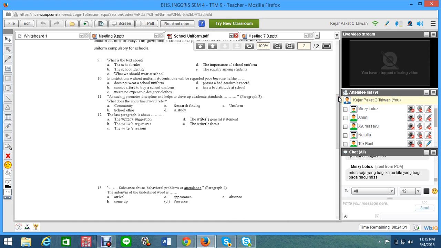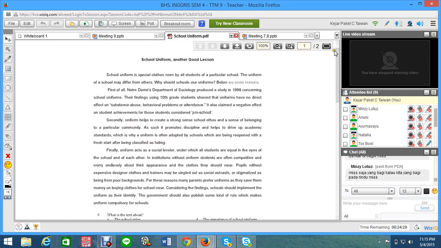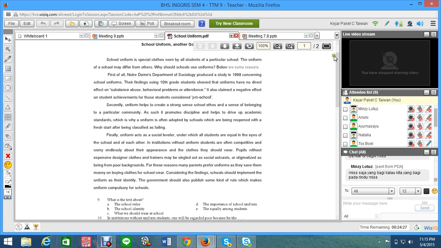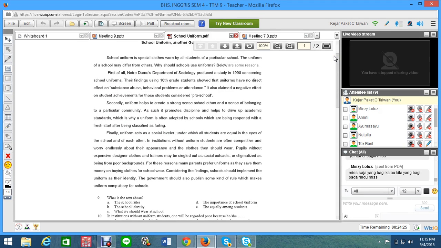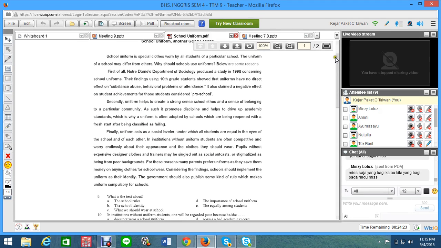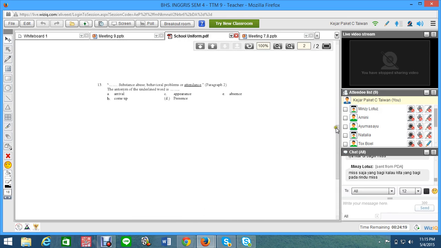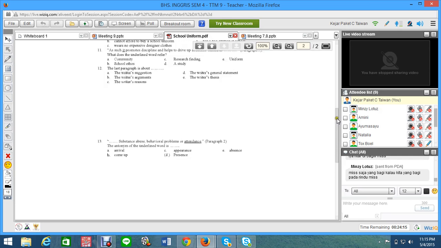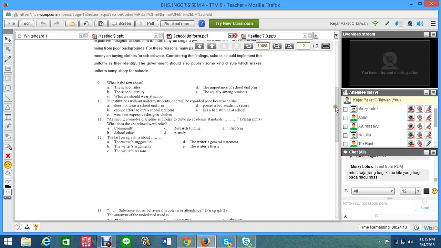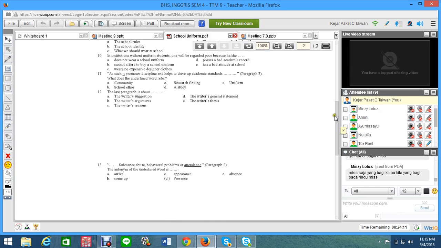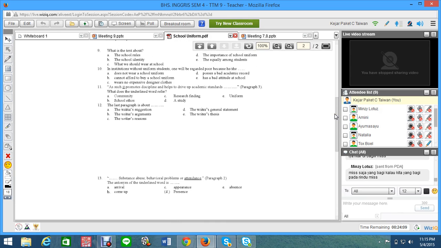Okay, ini ada 4 pertanyaan. Ini termasuk tugas pribadi saja ini. Kalau yang ini tugas pribadi ya, hanya 4 pertanyaan saja. Oke, jadi ini tugas pribadi.